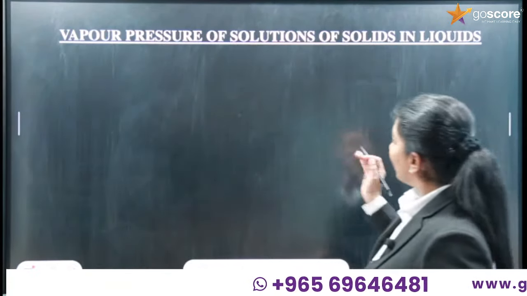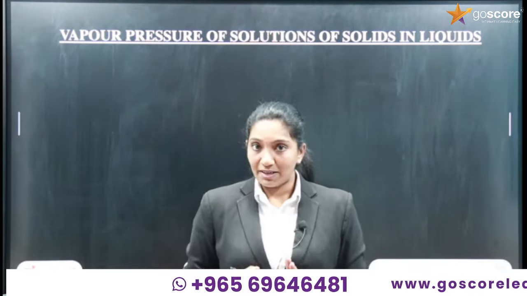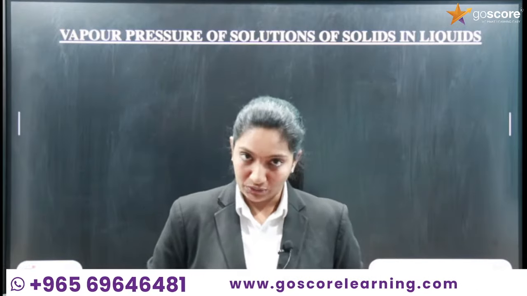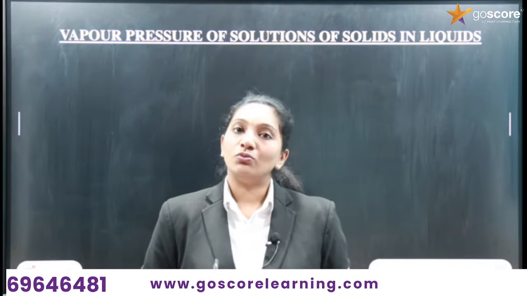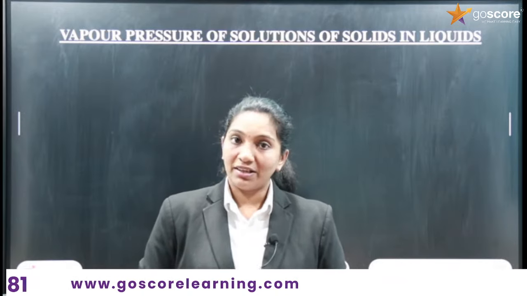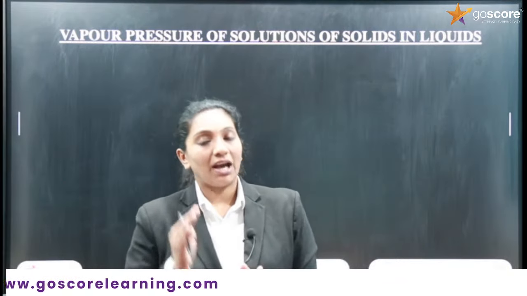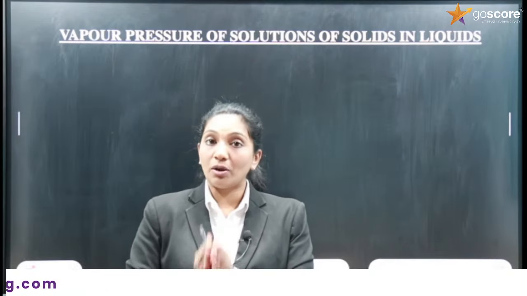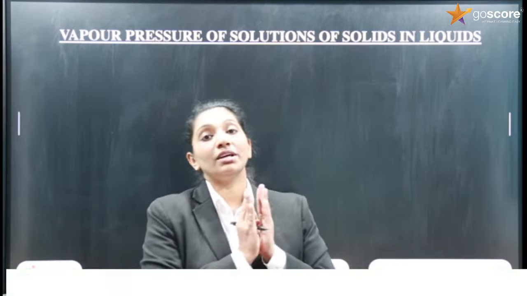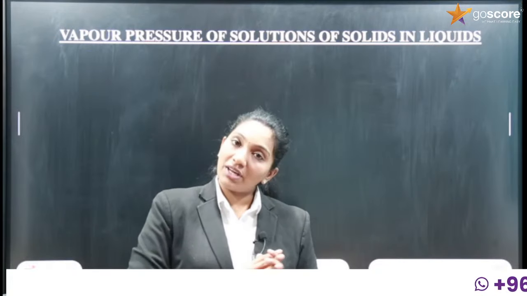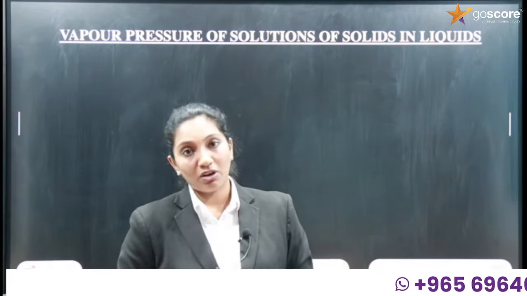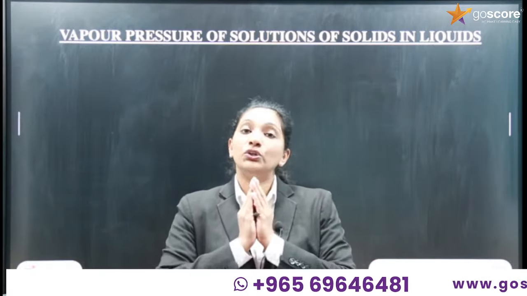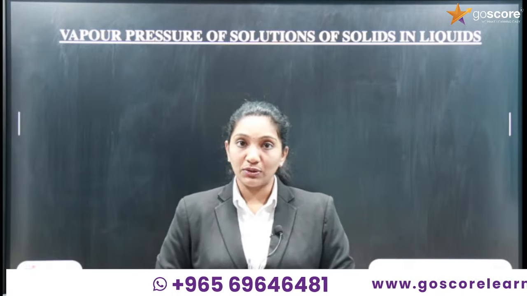So, here we have already discussed the vapor pressure of a solution that contains two liquids. Those two liquids are volatile in nature, right? And we have discussed Raoult's law, which states that the partial pressure due to the component A is directly proportional to its mole fraction. We found the representation of Raoult's law, and by comparing with Dalton's law, we found the total vapor pressure of the solution, right?